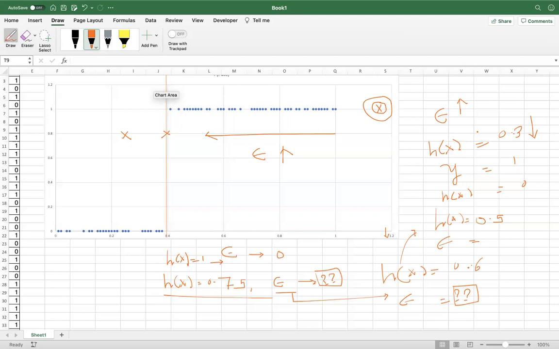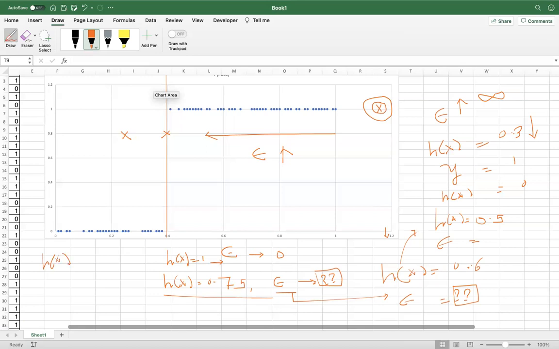So my error will keep increasing so much that the error will be as high as infinite. As my h of x goes closer and closer towards 0, my error keeps moving towards infinity. Does it make sense?